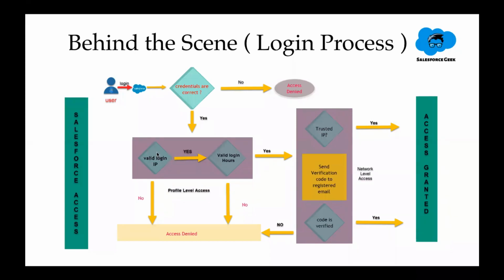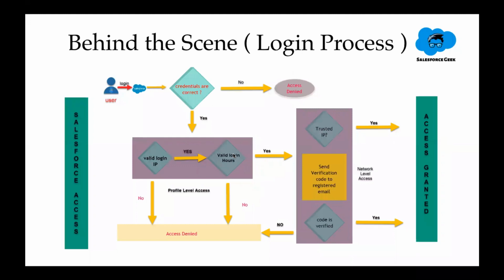If the user tries to access that Salesforce environment outside these IP ranges, that user is not going to get access. That's why we say that if IP ranges are not valid at the profile level, access is going to be denied by Salesforce. Again, if IP ranges are valid, it is going to check login hours.